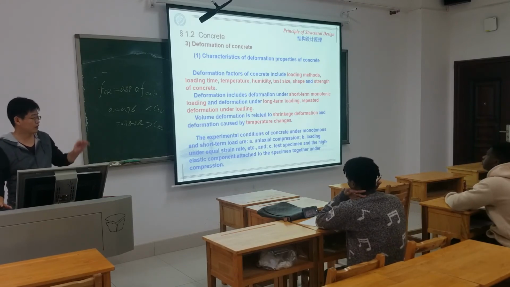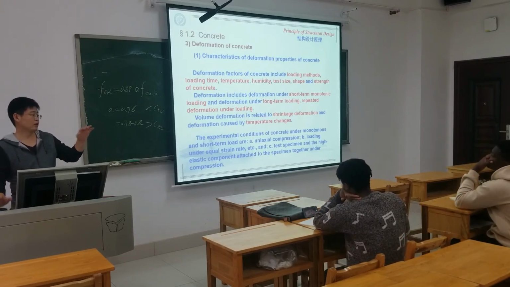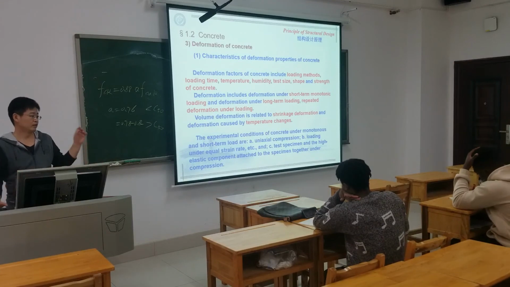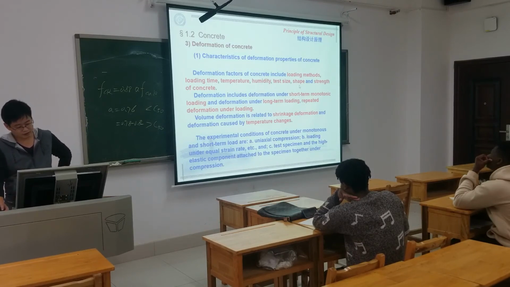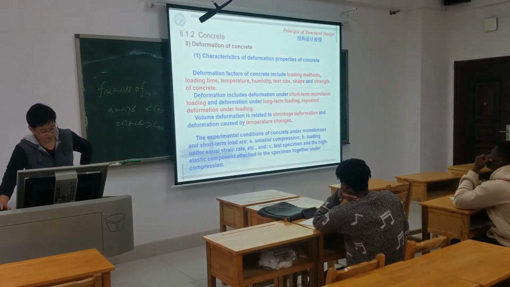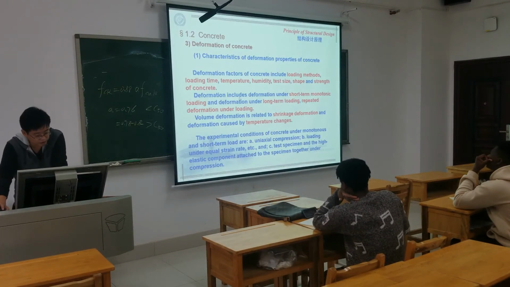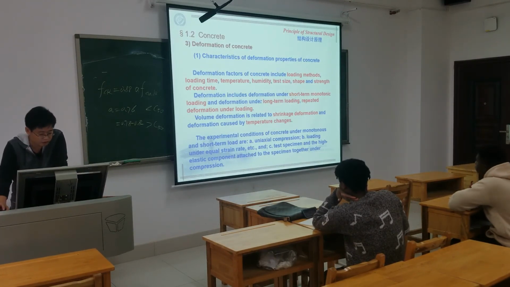So even when there is no load, no force acting on the structure, the deformation is still happening. The deformation factors of the concrete include loading method, loading time, temperature, humidity, size, shape, and strength of concrete. So deformation includes deformation under short-term monotonic load, deformation under long-term loading, and repeated loadings.